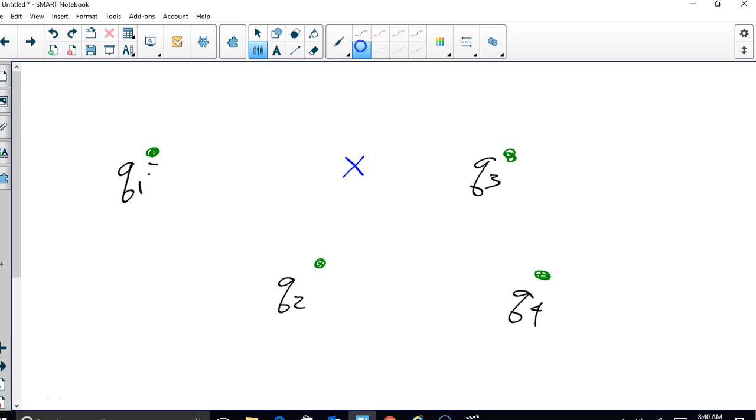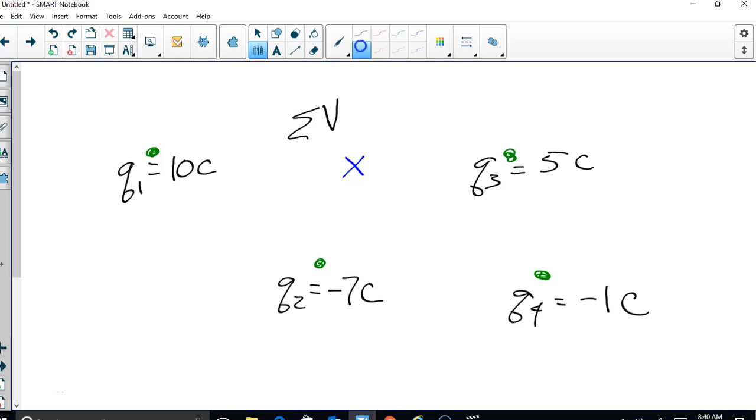Now let's say Q1 is 10 coulombs, Q2 is negative 7 coulombs, Q3 is 5 coulombs, and Q4 is negative 1 coulombs. So what would be your net electric potential at that location?